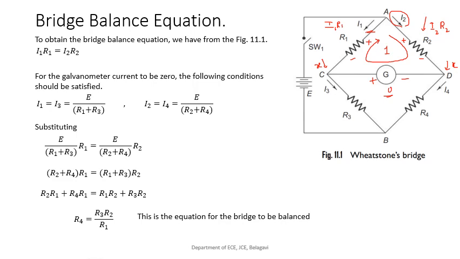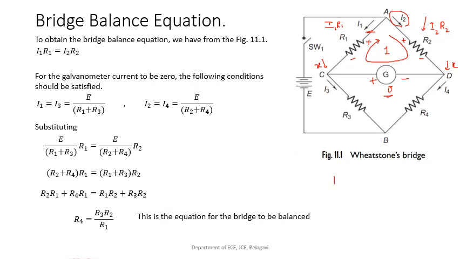Now if you apply KVL, you have to follow this arrow. I2 is in the direction of this arrow, so it is I2 R2, then there is a 0, then I1 R1 is in opposition to the arrow. So what equation will you get?